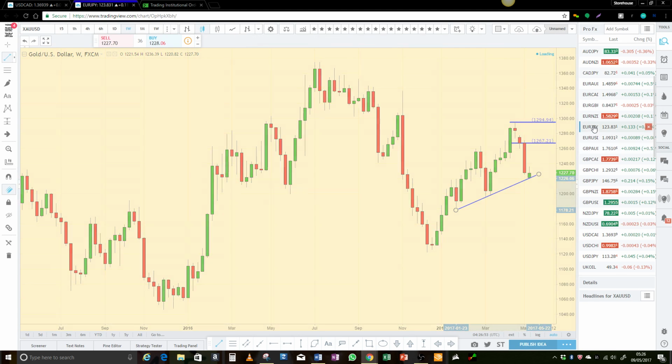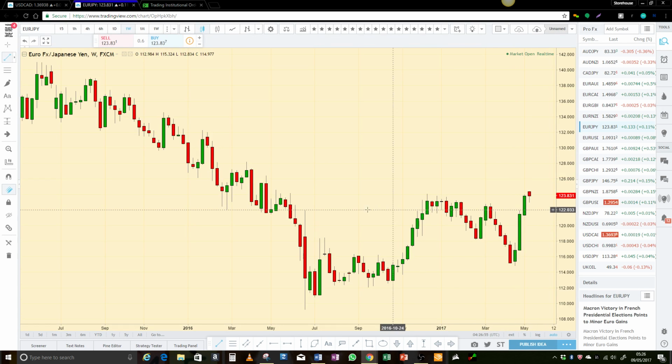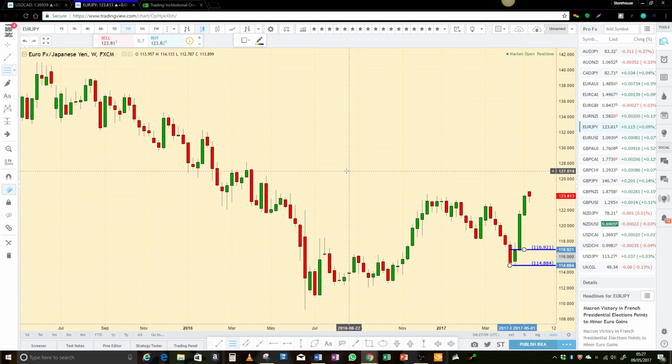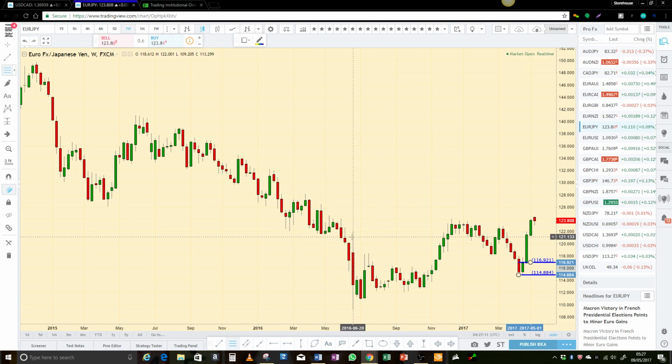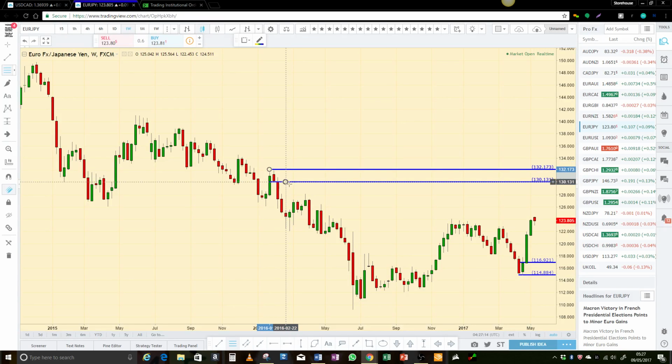Okay, let's do any other pairs that I haven't looked at. Let's look at the euro yen just to finish. And the euro yen is at new highs. Yes, it's making new highs. You have demand down in here now, and the nearest fresh supply that would concern anyone buying would be there. So we're beginning to see a clear change in the dynamics here.